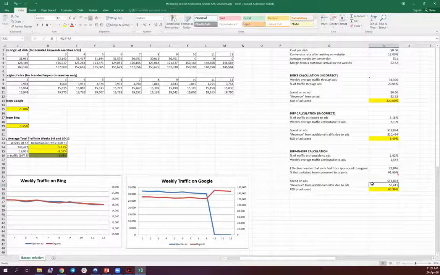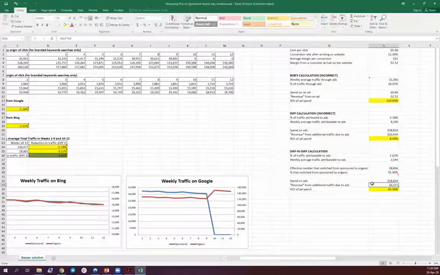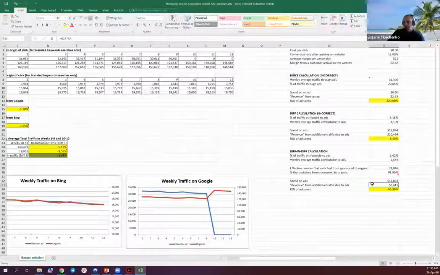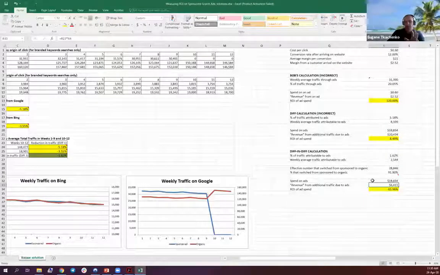So we are trying to attribute all our spending to the small amount of traffic that we are assuming is lost due to the absence of Google advertising. Pretty much. We are just working with the numbers which we are comfortable with and are 100% certain with. That's the only one.